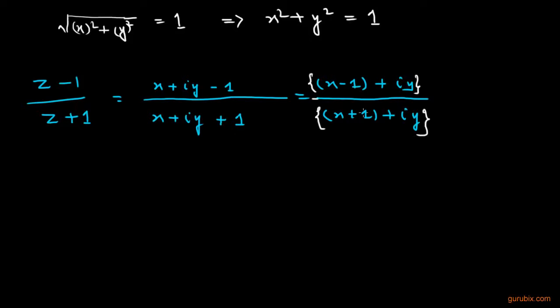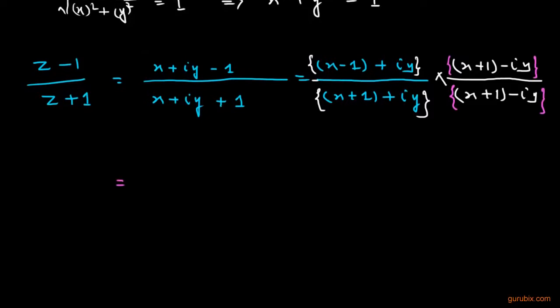Now we shall rationalize this complex number by multiplying both numerator and denominator by x plus 1 minus iota y.